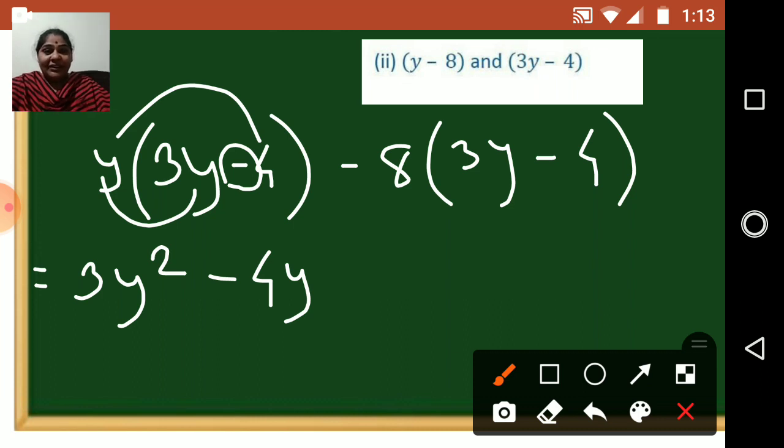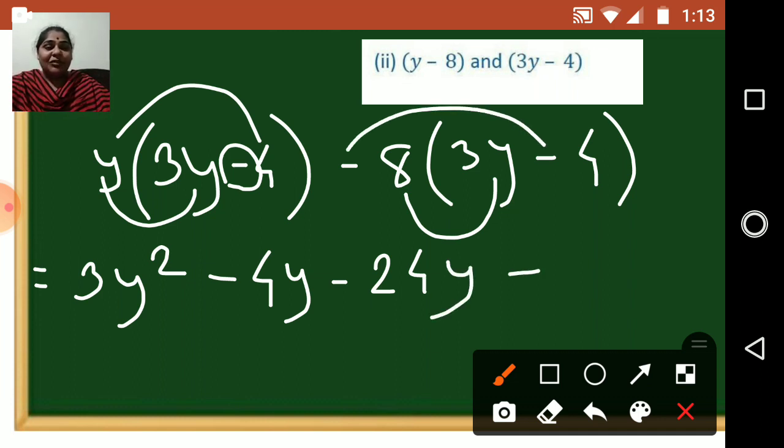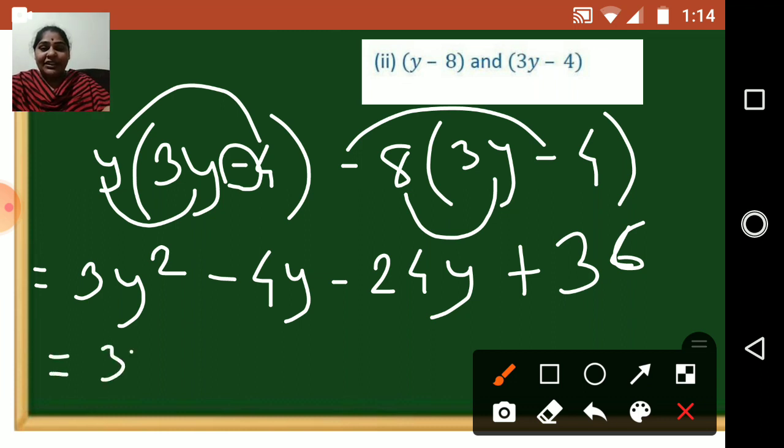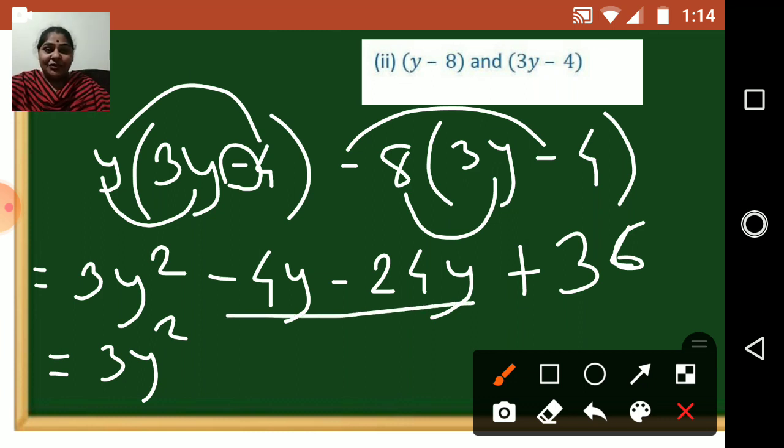Now next one, negative 8 multiplied by 3y will be negative 24y. And negative will be plus. 8 4s are 36. So now it will be 3y square. And negative 4y, negative 24y will be negative 28y, right?